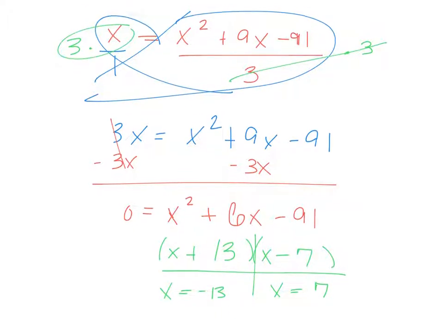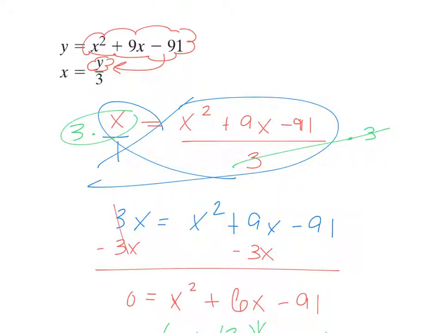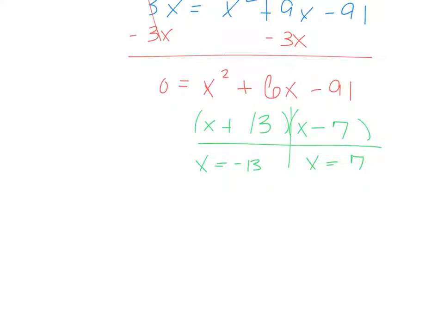Again, in order to get my y values, I'm going to use the smaller equation, the simpler one, which is this one over here. So this one here is the easier equation, and I'm going to pull that down here just to show you how I'm going to deal with it. So it's x equals y over 3. Now I know that x in this case is negative 13. That's equal to y over 3.